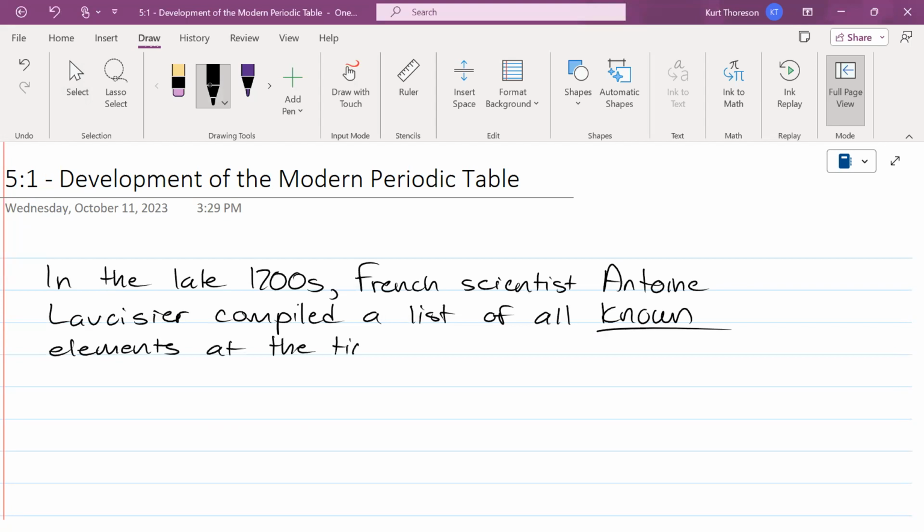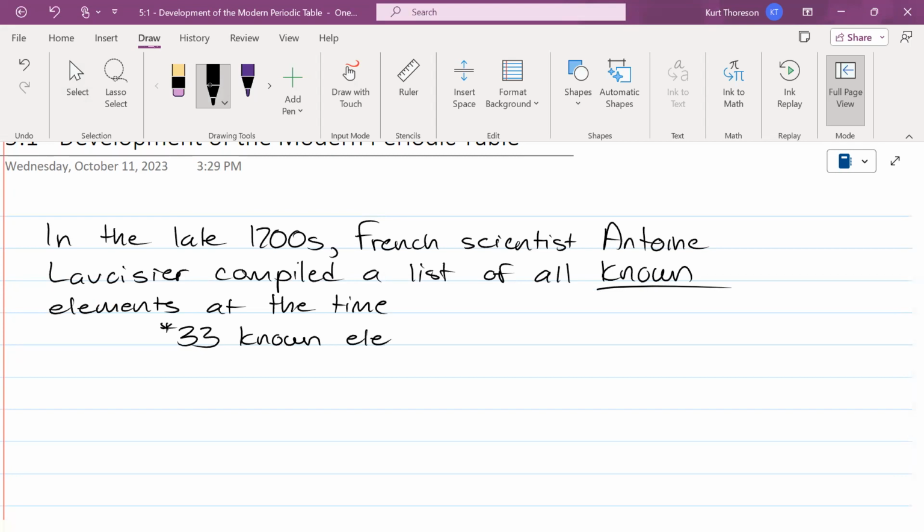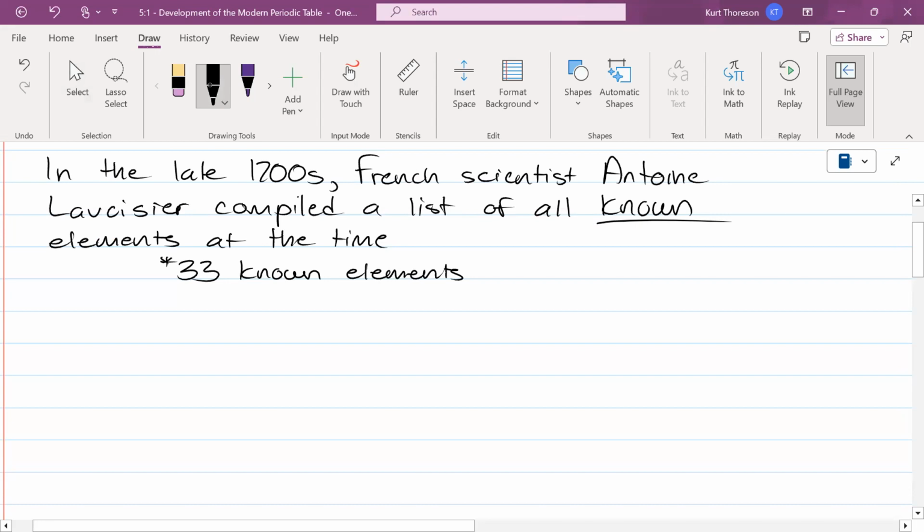Do you think in the 1700s there were more or less known elements back then? Yeah. Right now we have 118. Back then it was 33. Not a lot. And they were organized in the following categories.